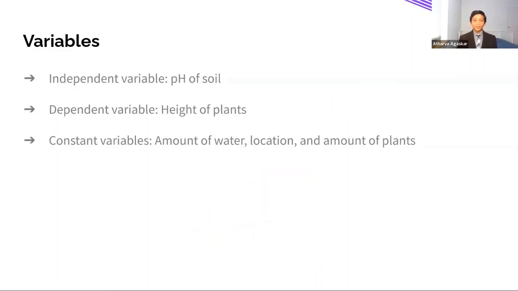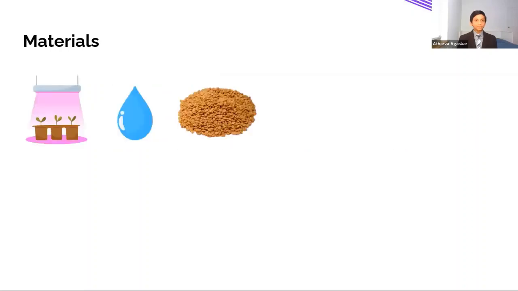The independent variable of my study will be the pH of the soil. The dependent variable will be the growth of the plants, which I chose to measure by the height of the plants. My constant variables will be the amount of water given to each plant, the location of the plant, and the amount of plants in each planter.